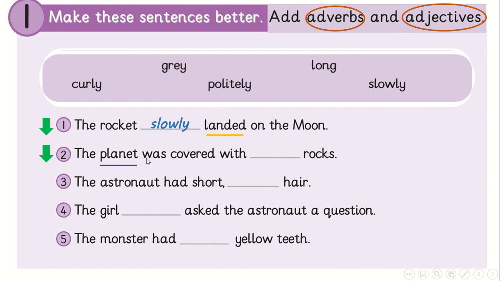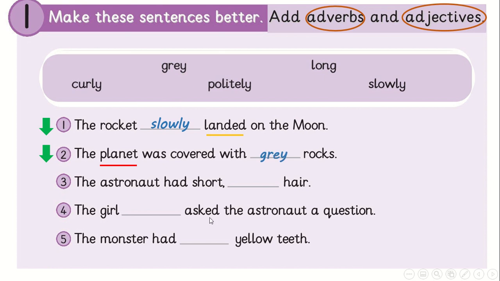Yes, the planet was covered with, is it curly rocks? No, curly goes with hair. Okay, so gray, what do you think? Gray rocks or long rocks or what? Yes, gray rocks. Well done.